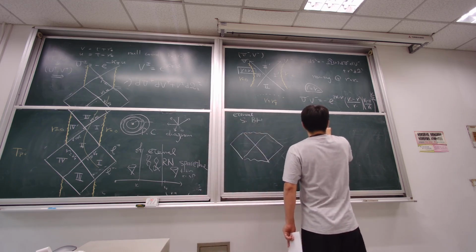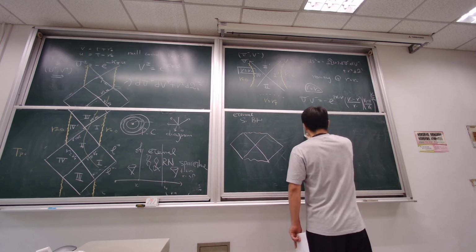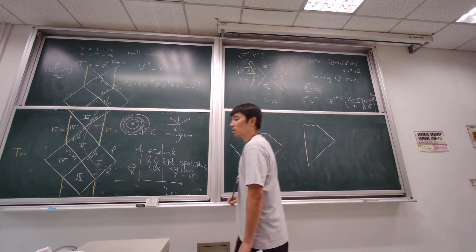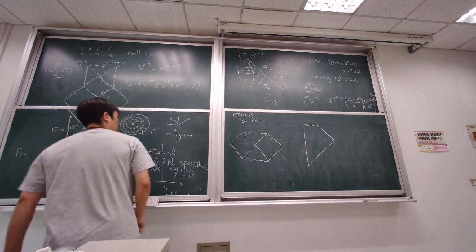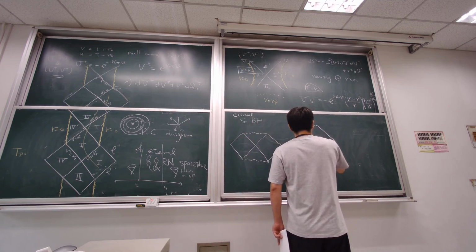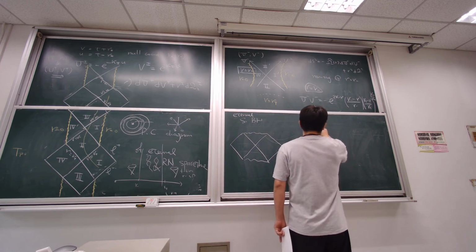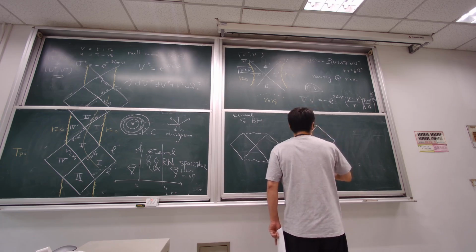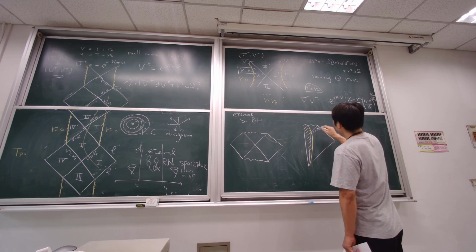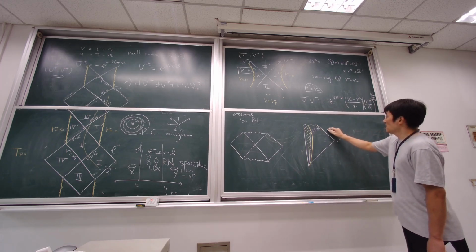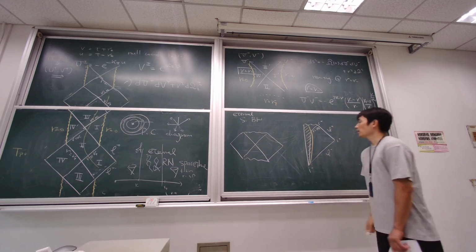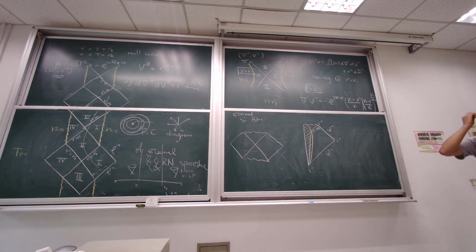But in reality, what's going to happen is something like this. This is R equal to 2M, and this is I0.